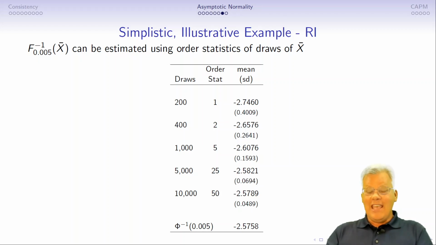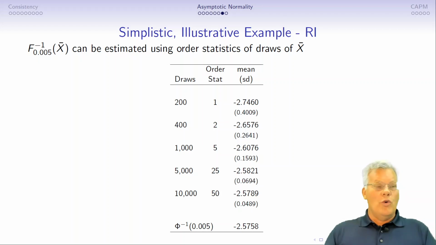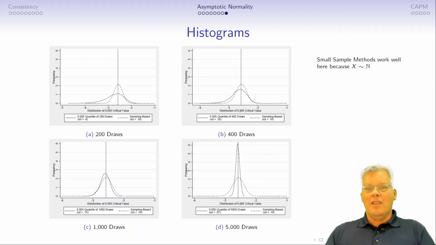And what you can see is as I get up to 10,000 draws, so remember, this says that I draw 10,000 samples of 100 and compute the sample mean. By the time I get to 10,000 draws, this technique is extremely accurate, right? I'm very close to the value that I know is theoretically correct.